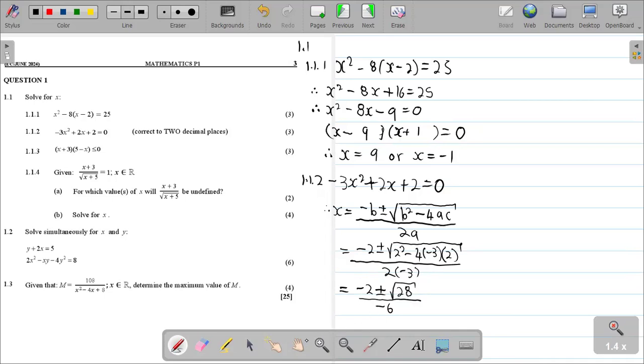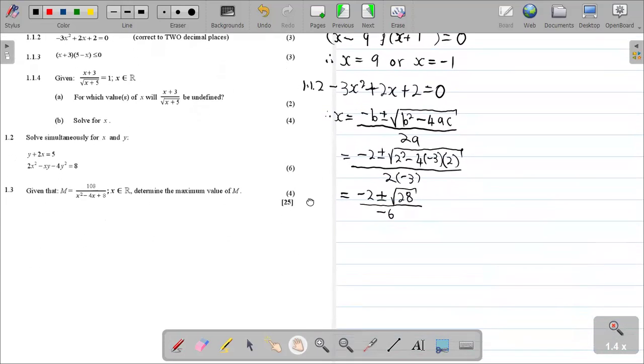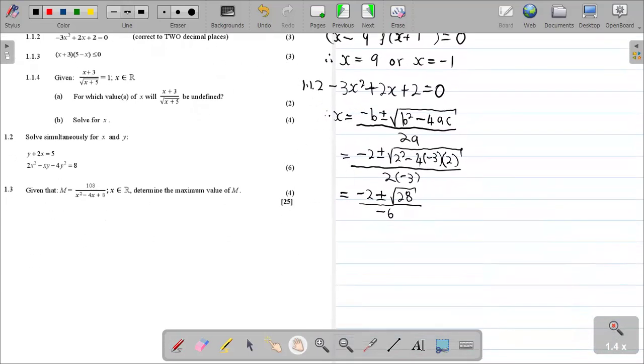Okay, so this means that therefore x is equal to negative 2 minus root 28 all over negative 6, or x equals negative 2 plus root 28, and then all over negative 6.